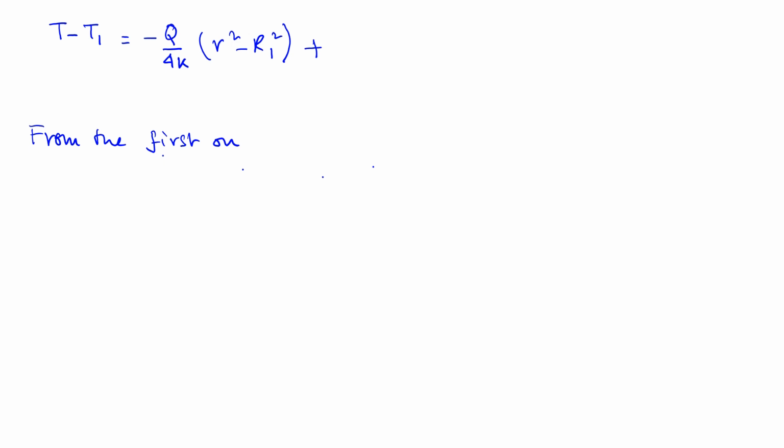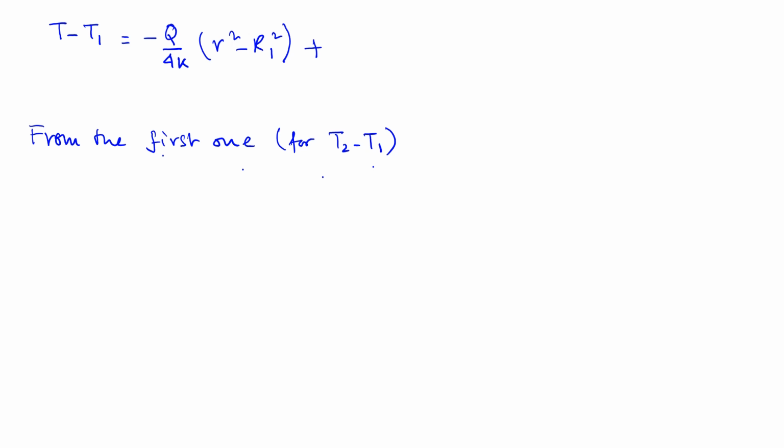We write T minus T1 is equal to minus q over 4k times r square minus r1 square plus, for c1, I substitute the value from the first one. Please see the previous slide.